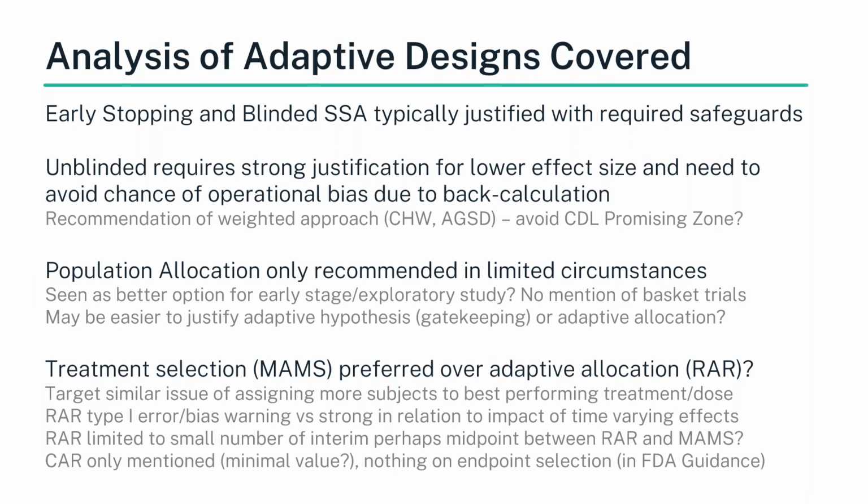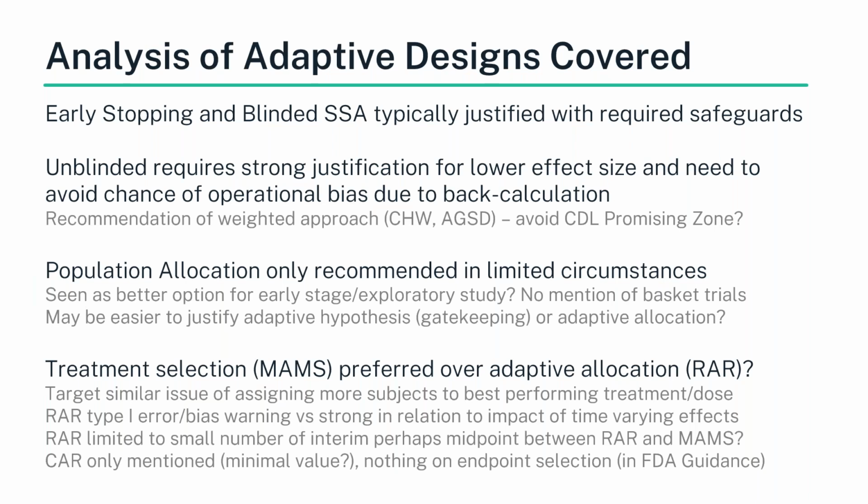And so I'd say early stopping, blinded SSA, fairly justified with appropriate safeguards in terms of both the operational bias and appropriate strategies for unbiased or low bias estimates. Unblinded requires stronger justification because this idea of saving lower effect sizes, you need to make sure that those lower effect sizes are worth saving, and also the operational bias of, say, back calculation is explicitly mentioned as being a concern.